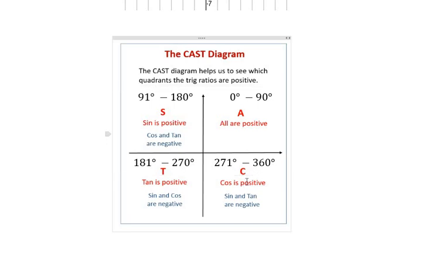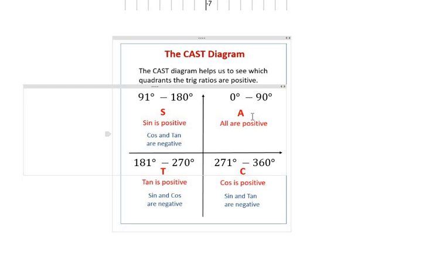Now let's take an example. When you pick an angle from 0 degree to 90 degree, if you look at this, it's just like a right angle triangle. If you pick an angle from 0 to 90 degree, be it sine, cos, tan, they will all give you positive results.